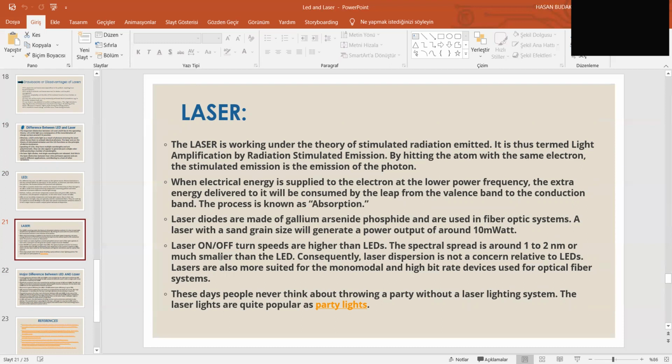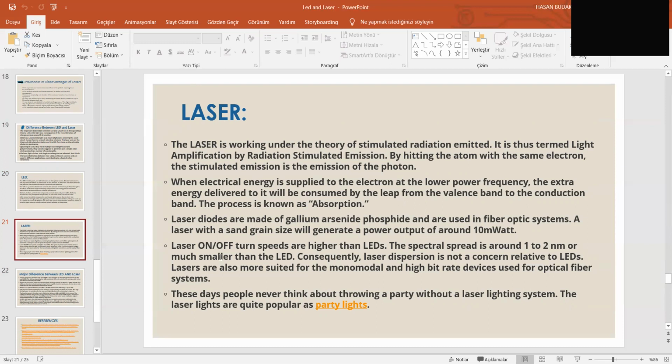The spectral spread is around 1 to 2 nm, much smaller than the LED. Consequently, laser dispersion is not a concern relative to LEDs. Lasers are also more suited for the monomode and high bit rate devices used for optical fiber systems.